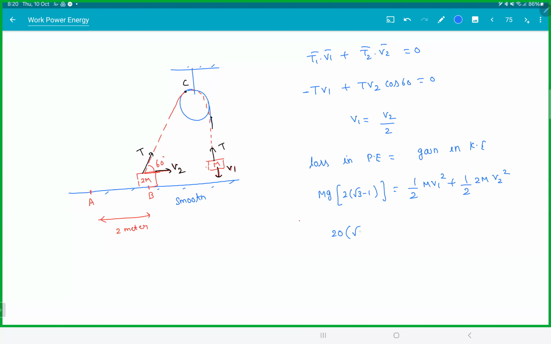This is 2 into root 3 minus 1, equal to v1 square by 2 plus v2 square. v2 is 2v1, so that is 4 v1 square. That is 9 v1 square by 2 equals 20 root 3 minus 1. So v1 is the square root of 40 by 9 into root 3 minus 1. Check.